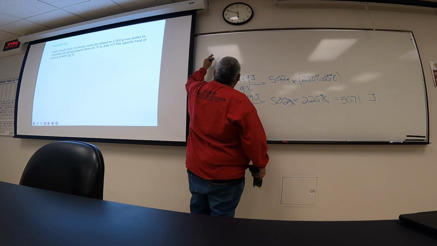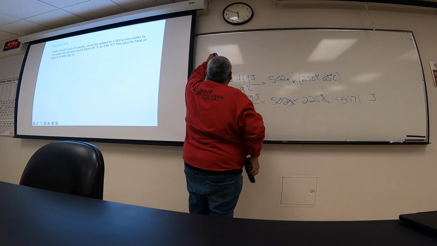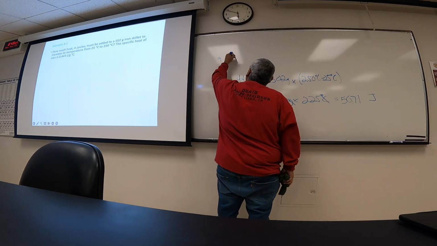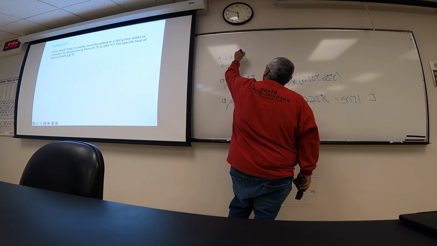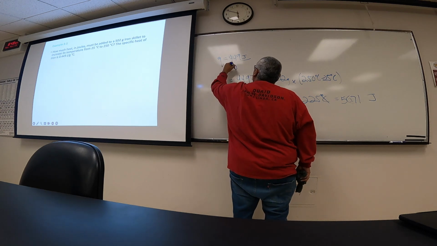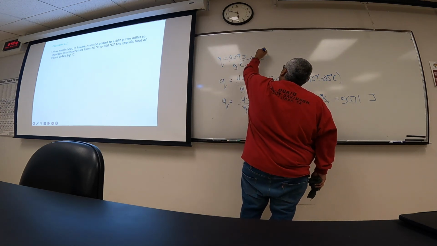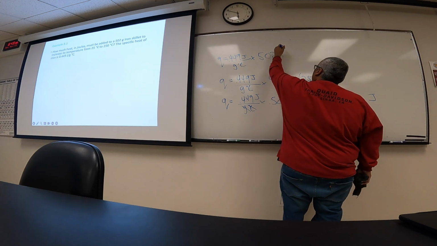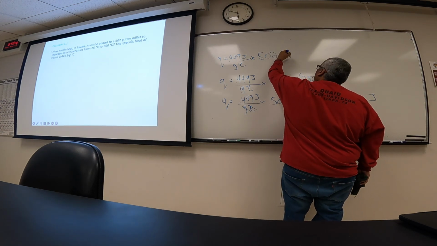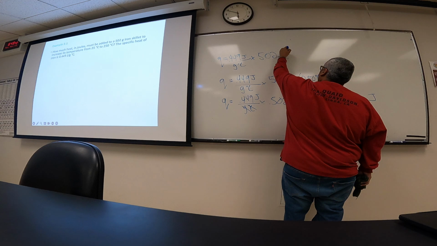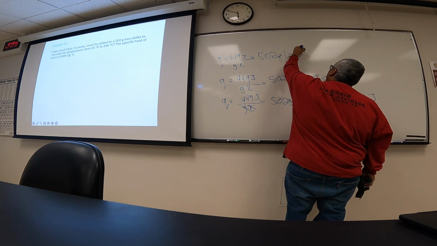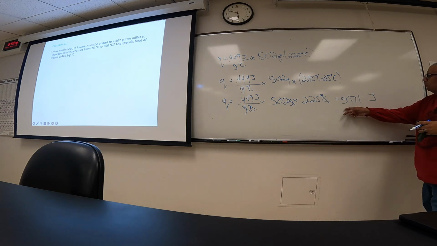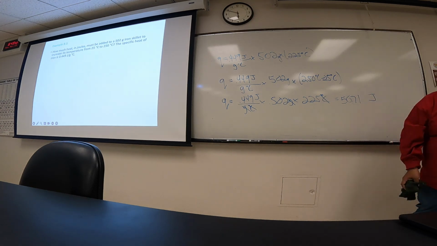How much heat would be required using 0.449 joules per gram degrees Celsius times 502 grams times 225 degrees Celsius? So yeah, one that's 0.502 versus one that's 502.